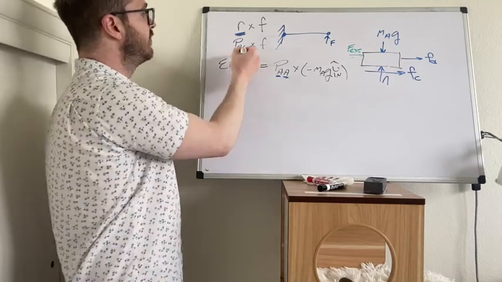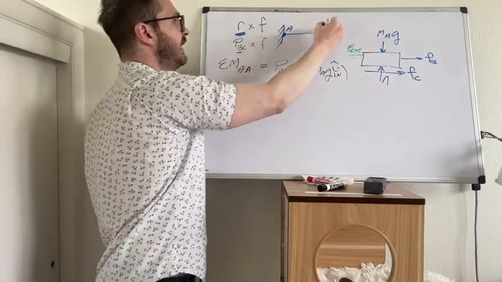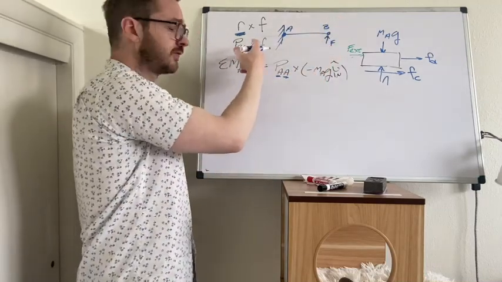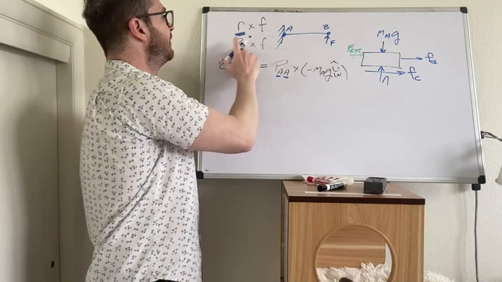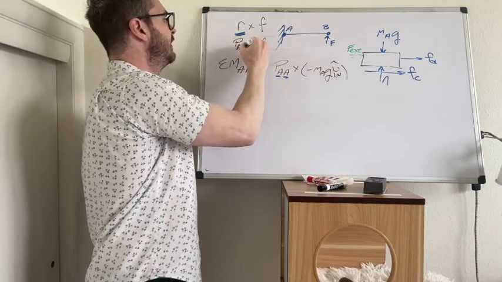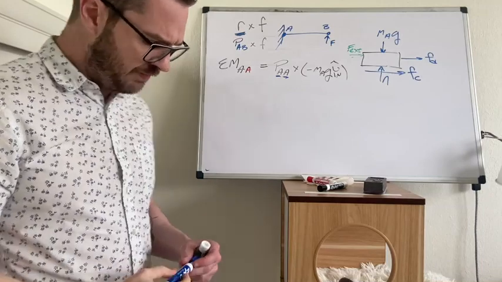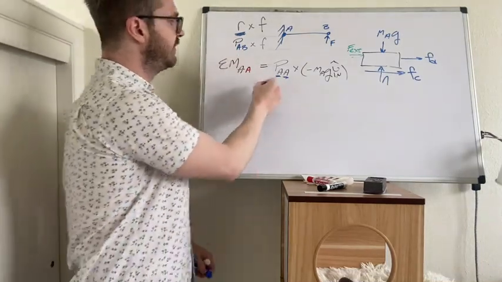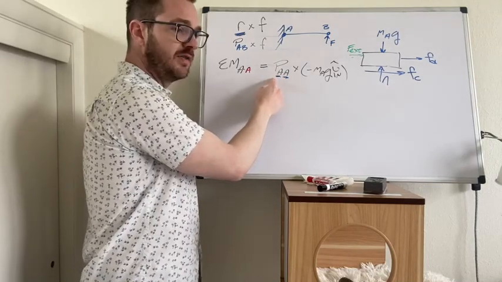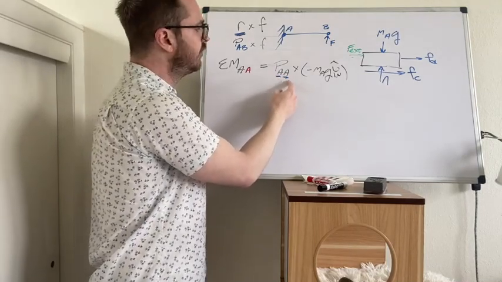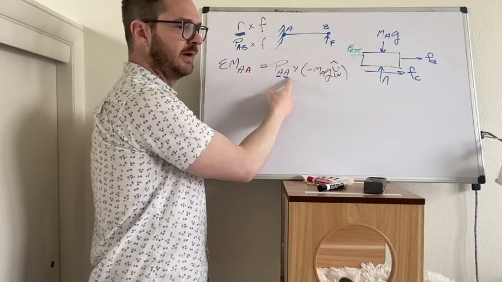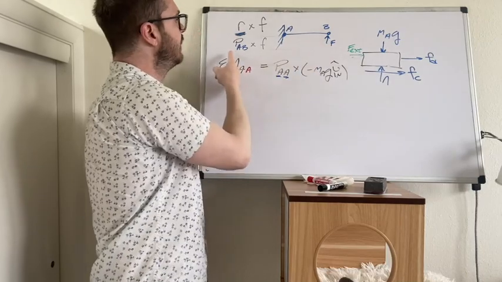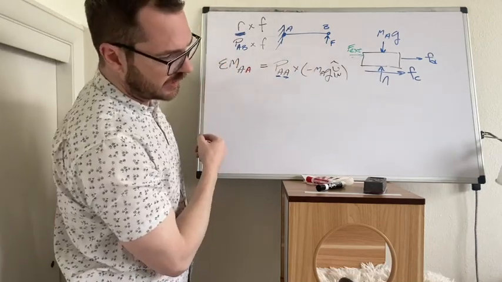So if this is A and this is B, in order for the result of this cross product to be positive, this position vector needs to be A to B. So the format when you're doing your moments is the position vector from the point that you're taking the moments about to the point where the force is applied. Up here, we're taking the moments about A, and the force is applied at B, so we would do the position vector from A to B.